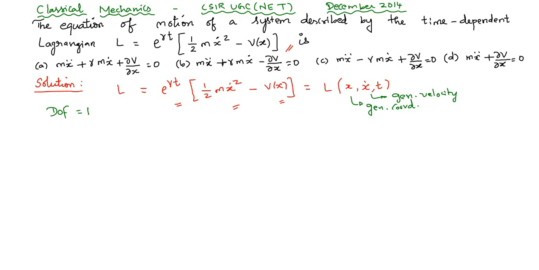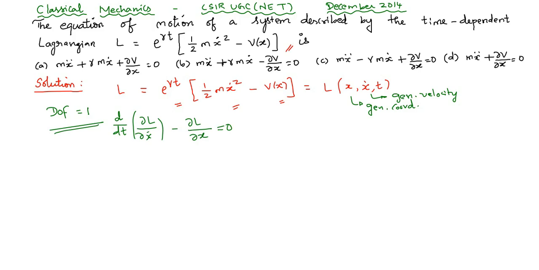If the degrees of freedom is 1, there is only one equation of motion, which can be written in terms of the generalized coordinate. So d by dt of partial L by partial x dot minus partial L by partial x is equal to 0. That's it, only one equation of motion.